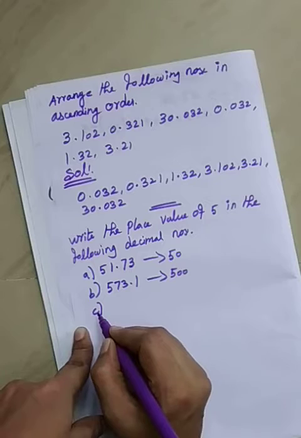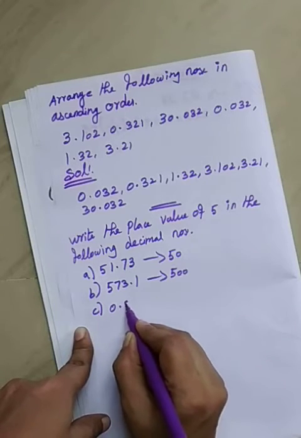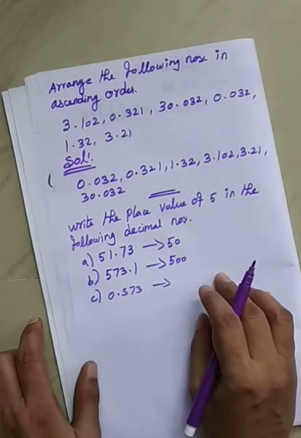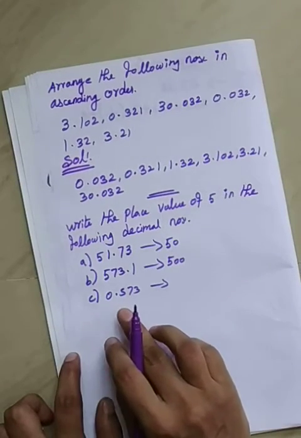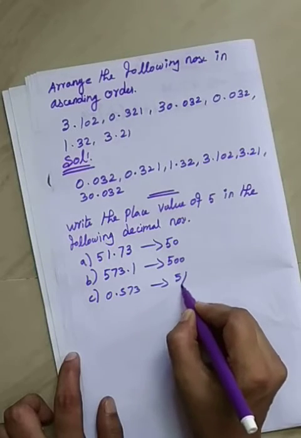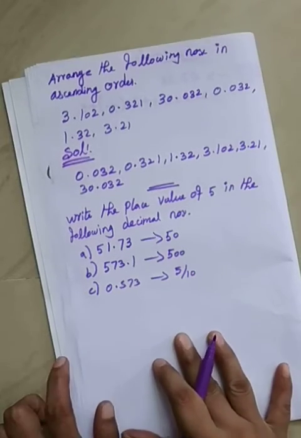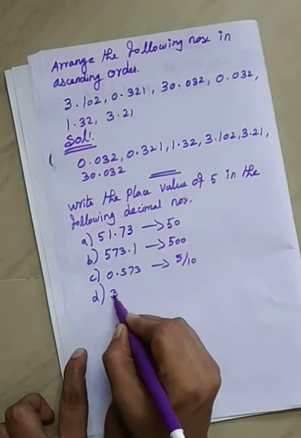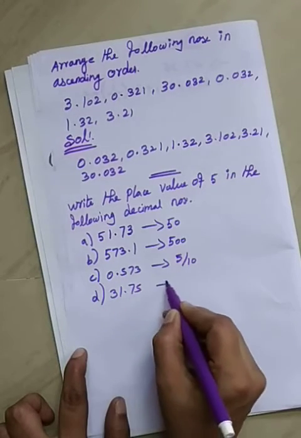The next, 0.573. What is the place value of this 5? Here, 5 divided by 10. Clear? Next, 31.75.